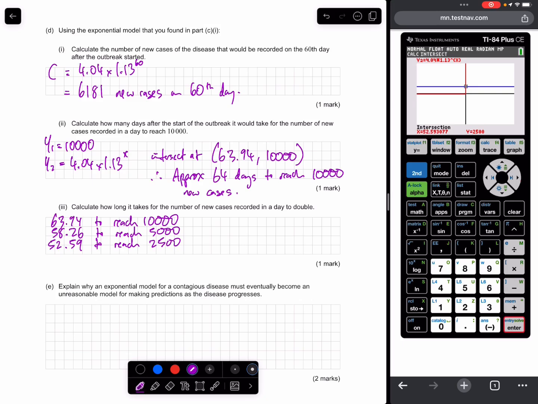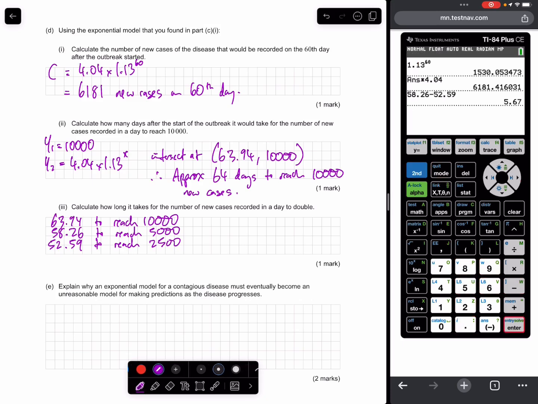What are the differences between those? 58.26 minus 52.59. That was a jump of 5.67. And from 5,000 to 10,000, 63.94 take 58.26, 5.68.